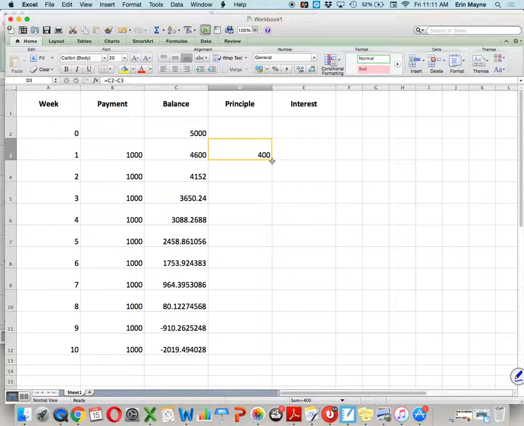Now, for the record, before you grab and drag down, how would you calculate this amount? What is the principal payment off the $1,000 after the second week? What would you do? 4,600 minus 4,152, right? You're going to get, what, 448, right?